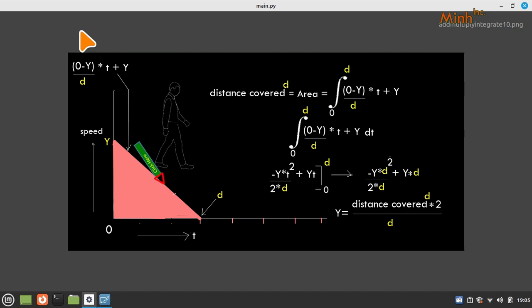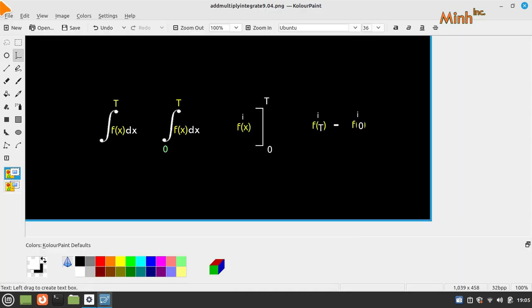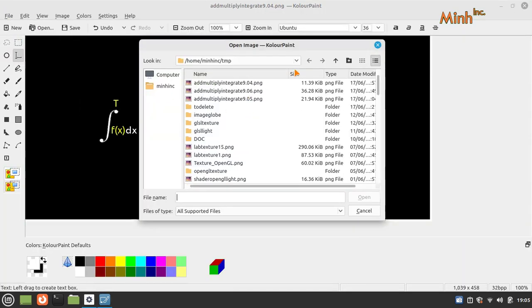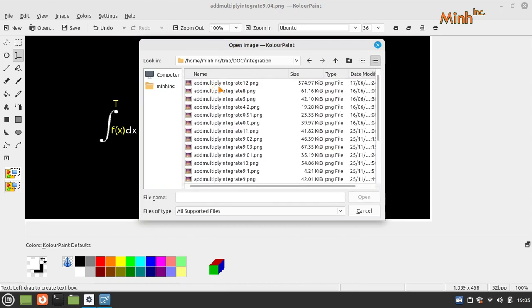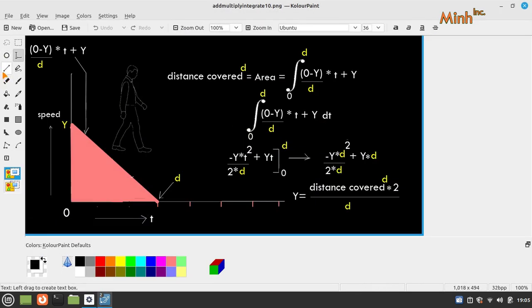And if this is speed, then if I integrate it, the area becomes the total distance. So this line is the equation of a line.